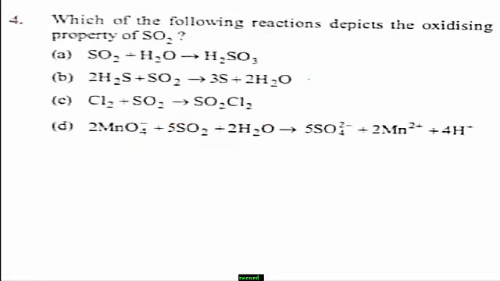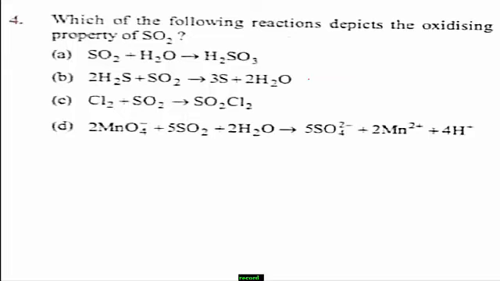Next, which of the following reactions depicts the oxidizing property of SO2? Which reaction shows the oxidizing property of SO2? Students, the given options are: option A, SO2 plus H2O gives H2SO3. Option B, 2H2S plus SO2 gives 3S plus 2H2O.